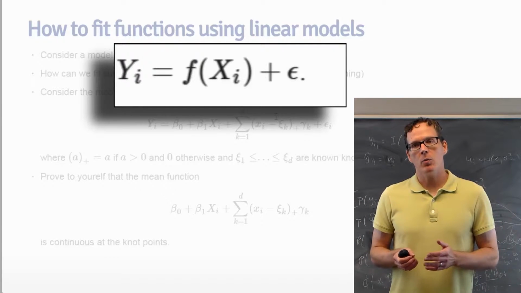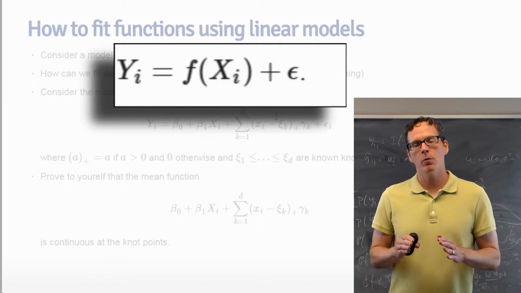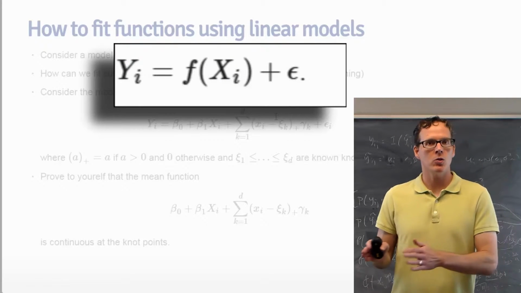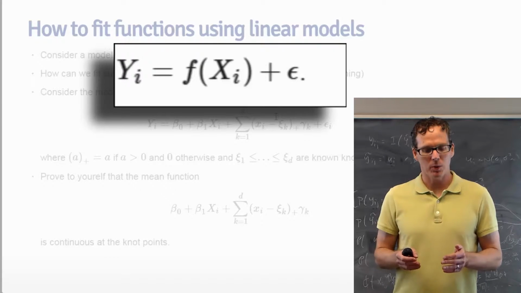Well, it turns out that there's a pretty easy way to do this, and what I'm going to show you is a simple first step. There's an entire literature on how to do this, and we're just going to go over some of the basics. So the first step would be to use something called regression splines.